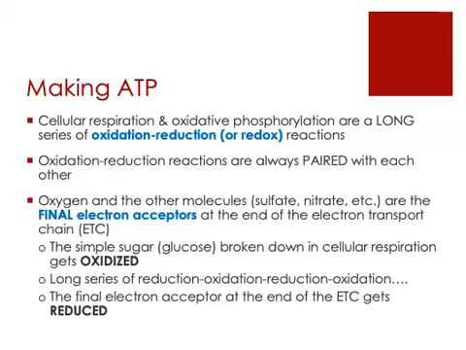Oxygen and the other molecules we've talked about that can be involved in cellular respiration are the final electron acceptors at the end of this structure called the electron transport chain. We're going to be removing electrons from covalent bonds. They will be released as the covalent bonds are broken in glucose or some other simple sugar.